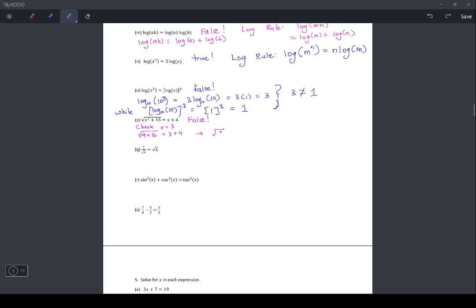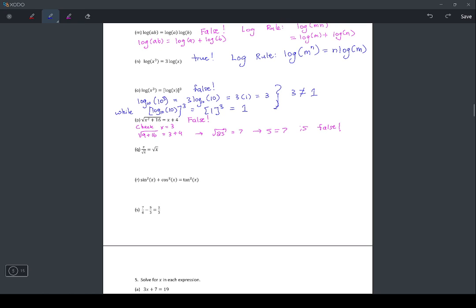So this says the square root of 25 is equal to 7. This says 5 is equal to 7, which is false. So one counterexample is enough to say something is false. It doesn't work for x is equal to 5, x is equal to 3, and anything else we check except x is equal to 0 will reveal the same thing. I just picked 3 because it square roots perfectly.